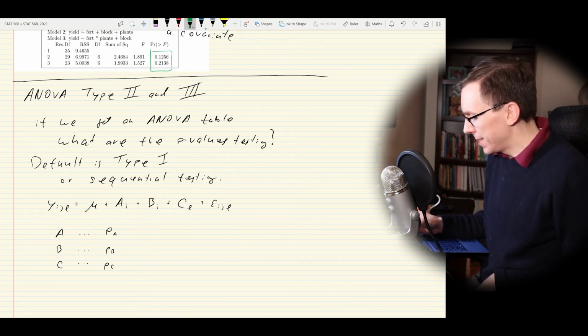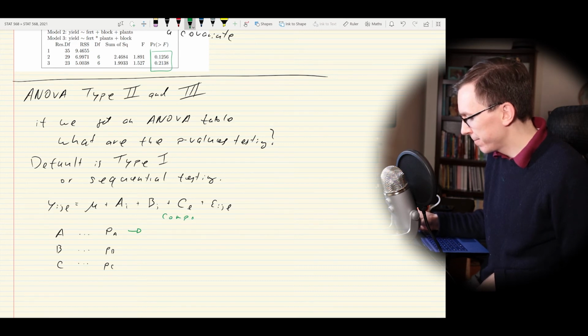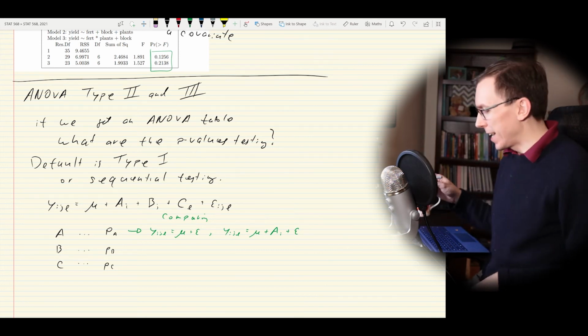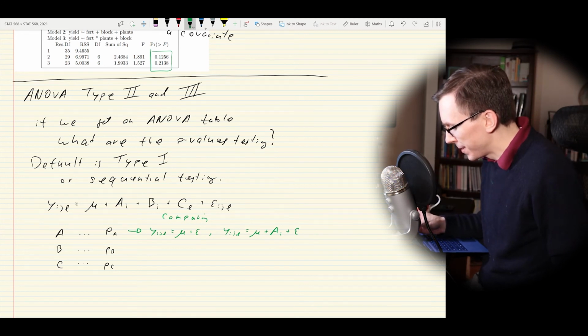What happens in the first case is we are comparing the null model, which is just Y_ijl equals mu plus epsilon, to Y_ijl equals mu plus A plus epsilon_ijl. I'm just going to write epsilon because the giant subscript is going to be assumed.